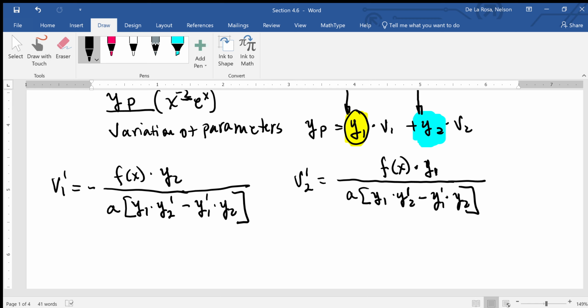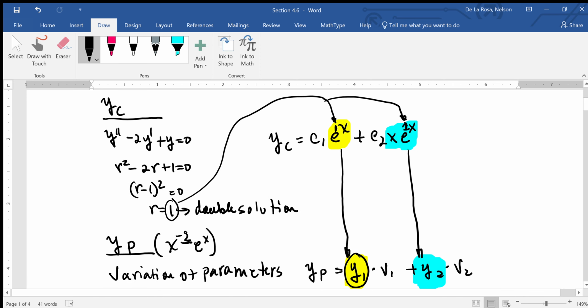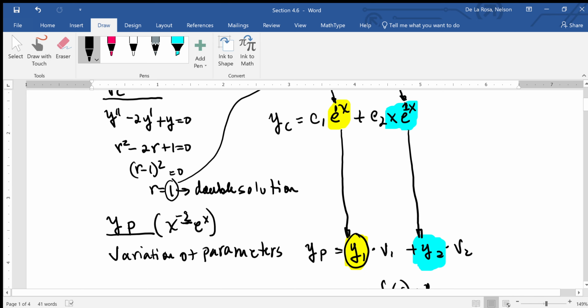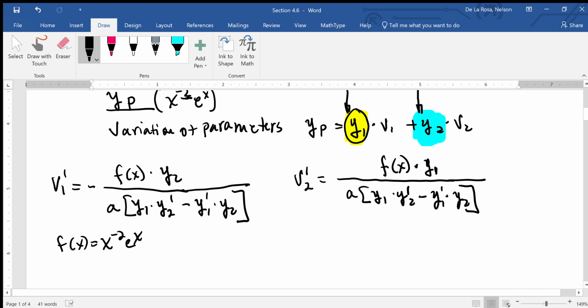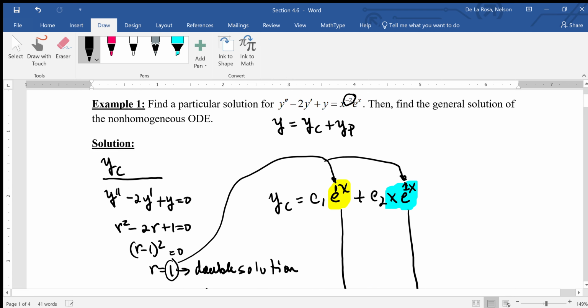Now, let's see. F of x is the right side of the given equation, x to the negative 2 e to the x. What is the value of a? A is the coefficient of y double prime, which is 1.